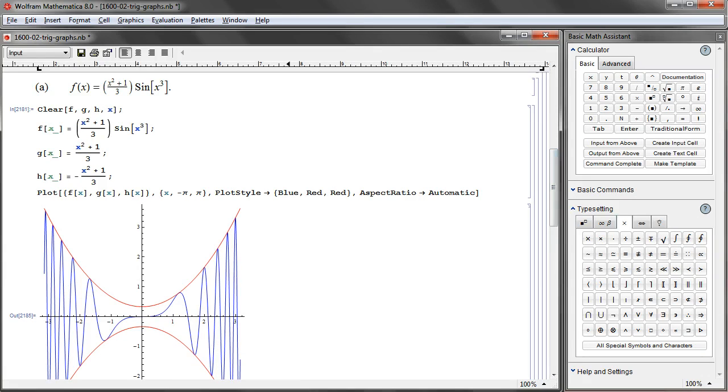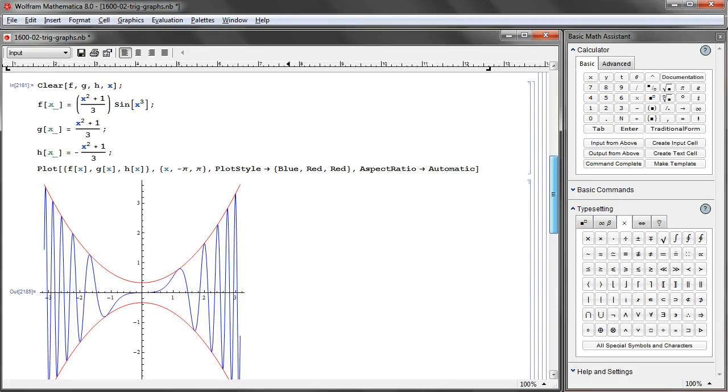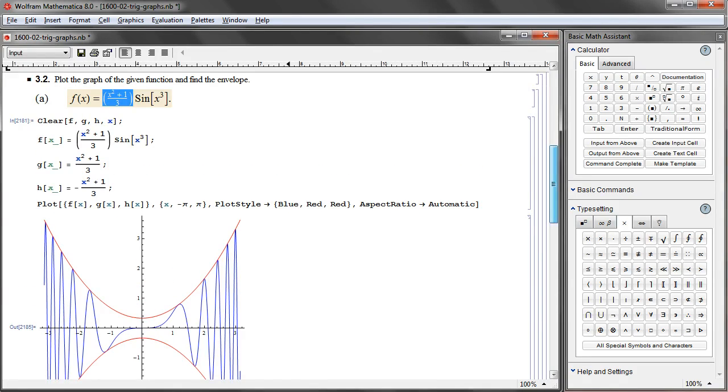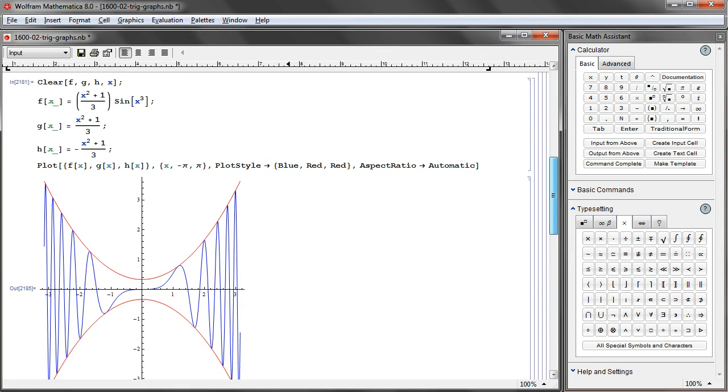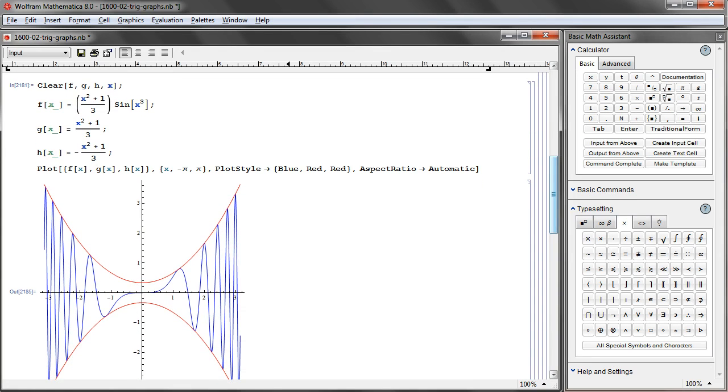The sine of x cubed part will be fluctuating between +1 and -1. So +1 times this is the top parabola, and -1 times this highlighted part will be the lower parabola, and we have bouncing between those two. And those two red curves, those two parabolae, are called the envelope.